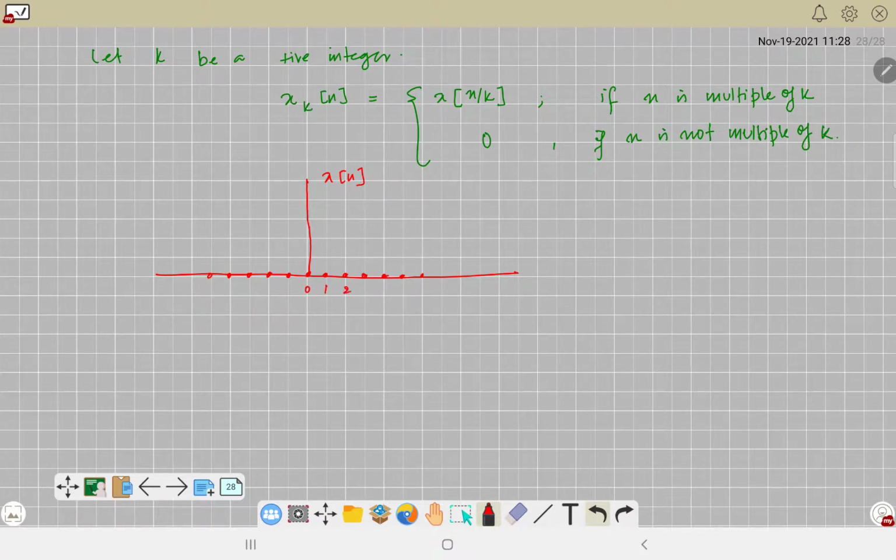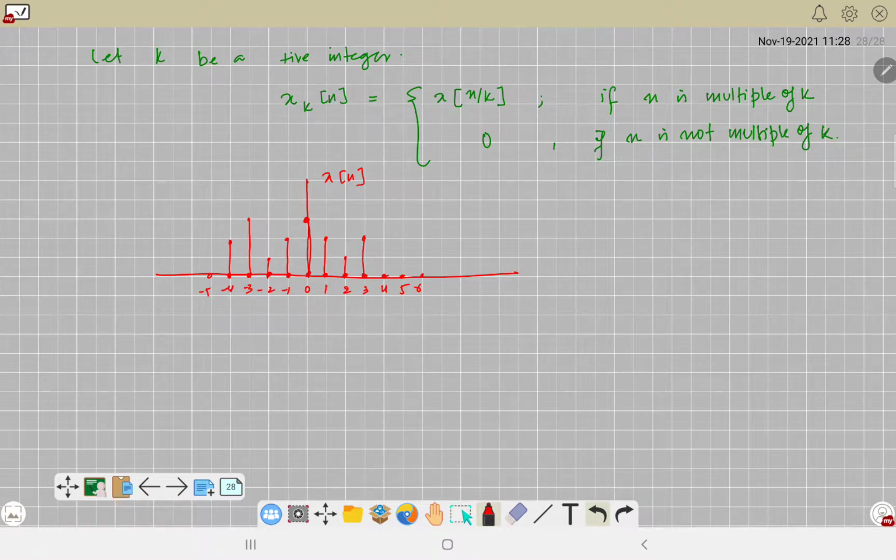So 0, 1, 2, 3, 4, 5, 6. Then we have some sample values. Say for example at 0 this is the value, at 1 it goes down to 2. Could be arbitrary values, something like this. So this is x of n.